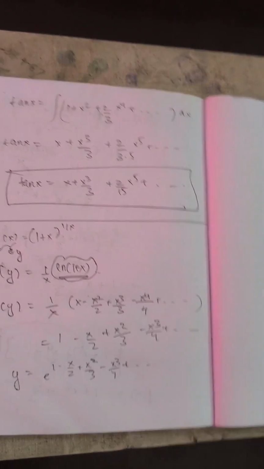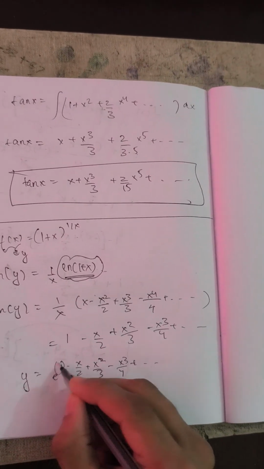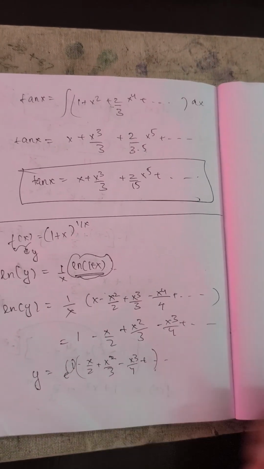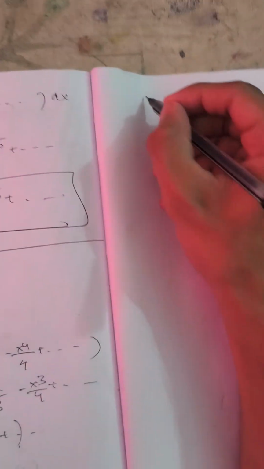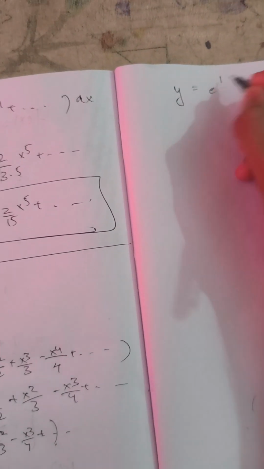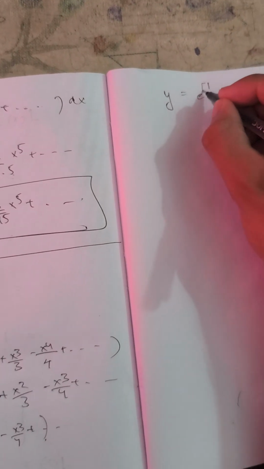So, I'm going to treat this thing and these things separately. Okay, so I'm going to write this again. y is equal to e raised to 1. That is the first thing.